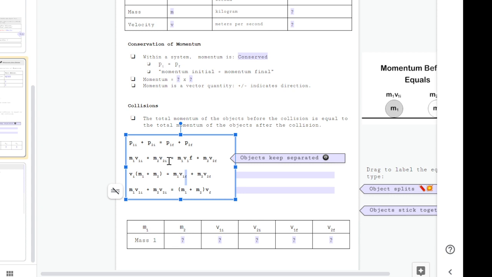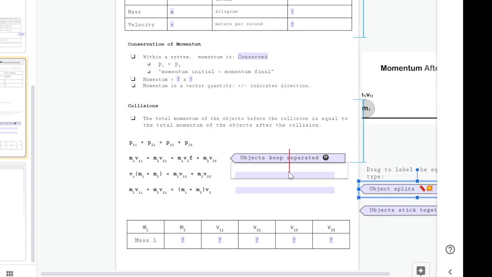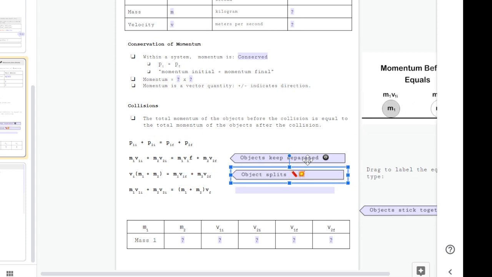So this is kind of like this single object experienced some sort of explosion or something that resulted in that object splitting apart into two separate objects with their own unique velocities. So this would be an example of when the object splits.